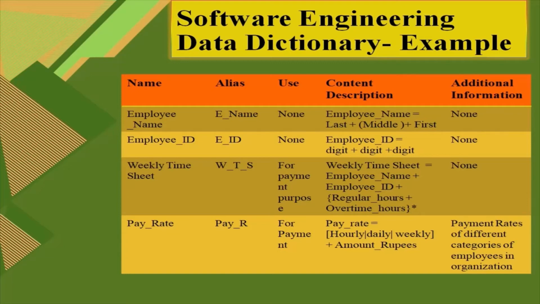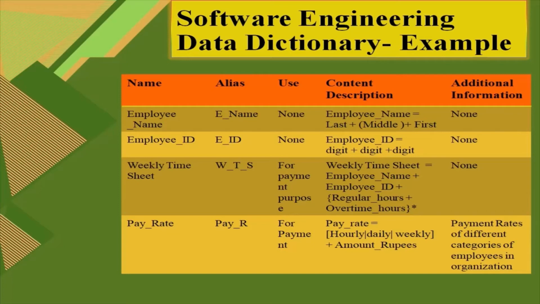In the first row, employee name equal to last plus middle plus first. It means that employee name is composed of last name, middle name, and first name. Parentheses are used around middle name, which means optional. Middle name can be taken as optional.